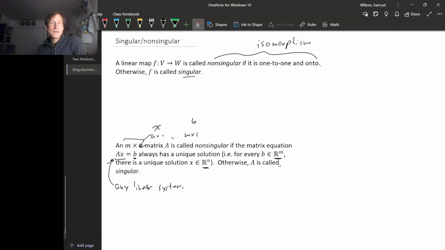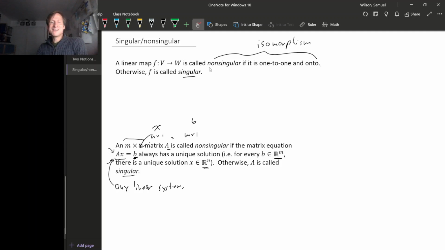So we call a matrix non-singular if this equation, which is a stand-in for a bunch of linear systems, always has a unique solution, no matter what vector is on the right-hand side. If there isn't always a unique solution, either because sometimes there's no solution or sometimes there's more than one solution, then we call the matrix A singular.